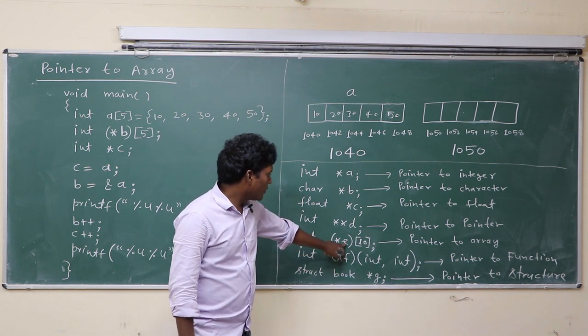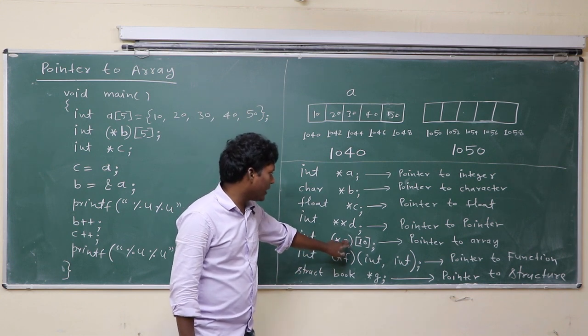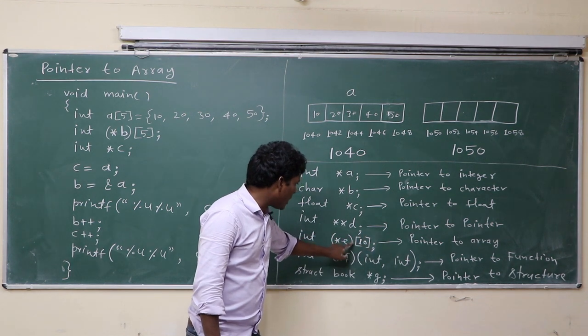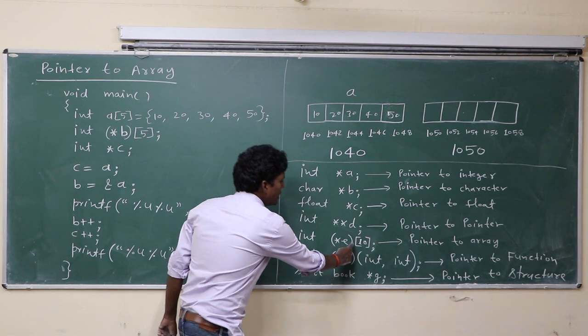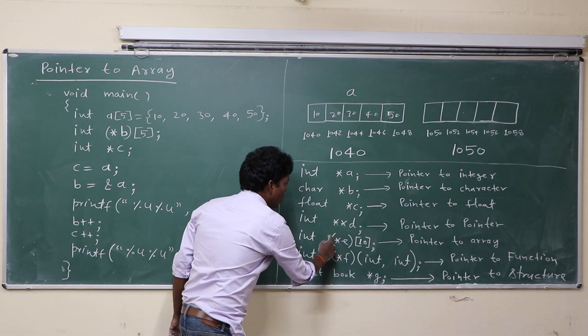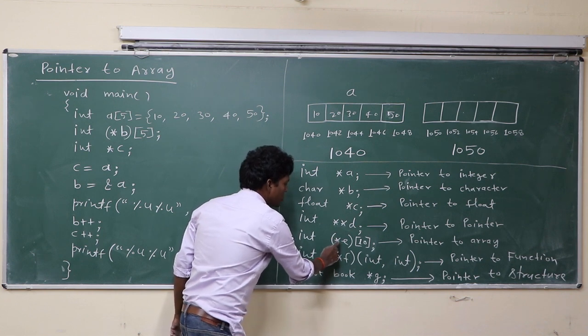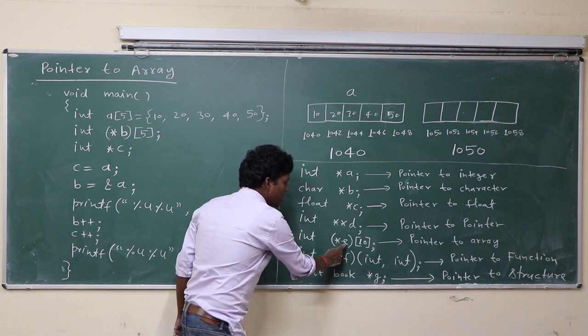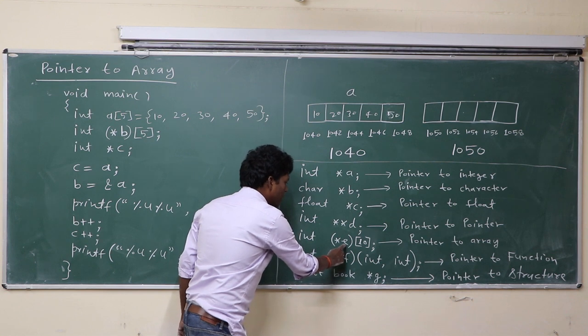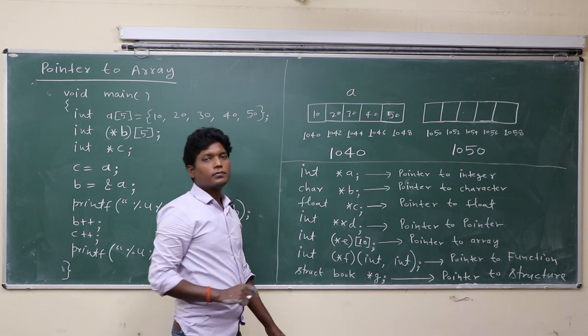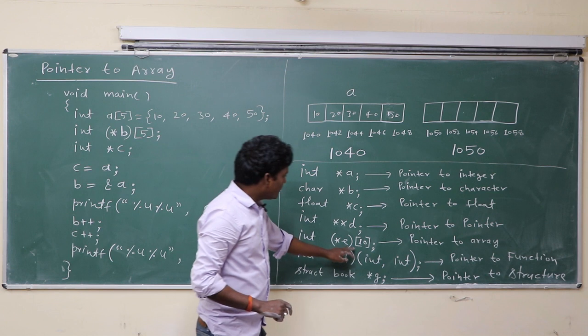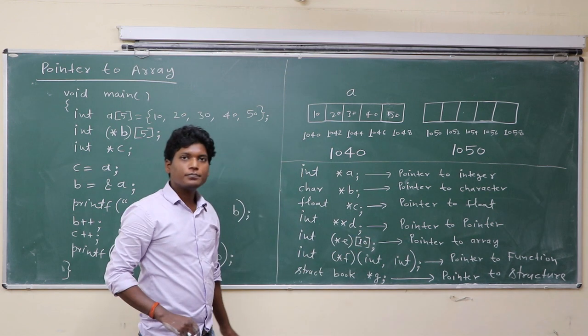Here E is a pointer to array. There is a square bracket, and there is a small bracket, and there is an asterisk before E. E is a pointer variable, pointer to array. Okay class? This is the pointer to array.